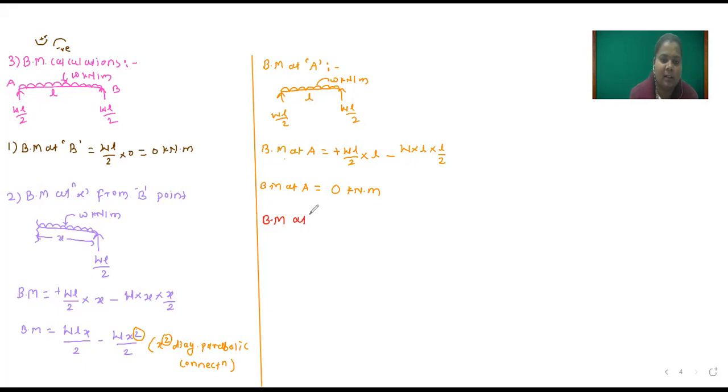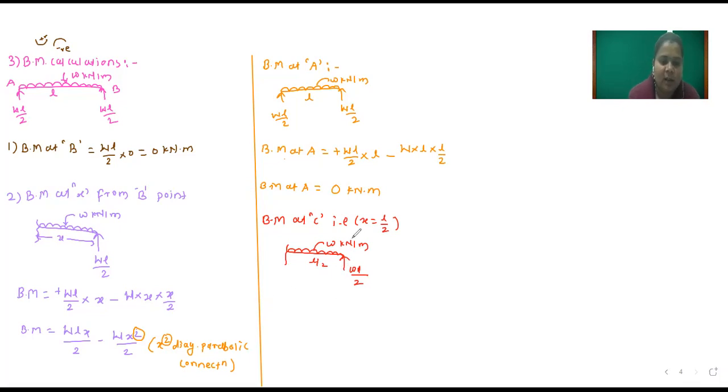And last we will calculate bending moment at C point, that is x equal to L by 2. That means we will find out at the center. So suppose this is our B point, WL divided by 2. Here uniformly distributed load W kilonewton per meter is applied, span is L by 2, and here we have taken the section.